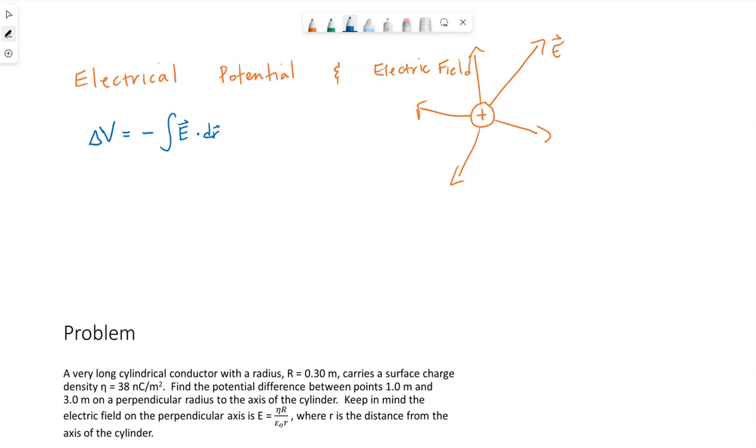When we talked about a point charge, the electric potential around a point charge depends upon the charge itself and how far from the charge we are interested in. So for example, if I was looking at the same distance around this point charge, please pretend that's a nice circle.